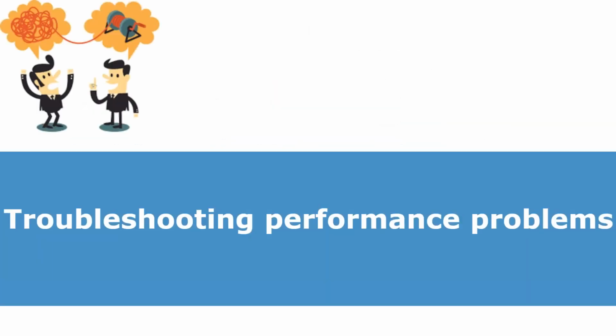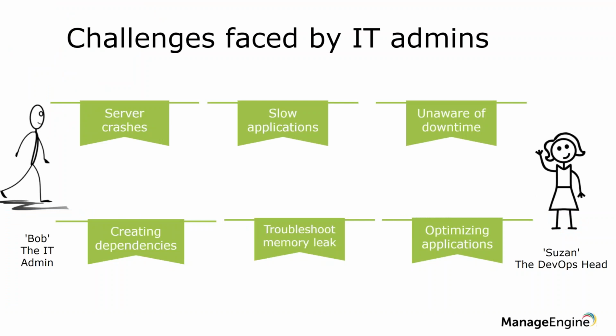The next topic is troubleshooting performance problems and how we can achieve that through Applications Manager. The common challenges faced by IT administrators are to identify the root cause for a server crash, slow applications, whether there is any memory leak, creating dependency, and optimizing applications.